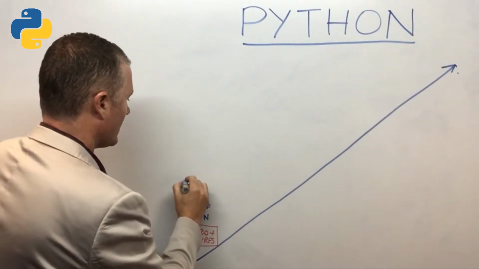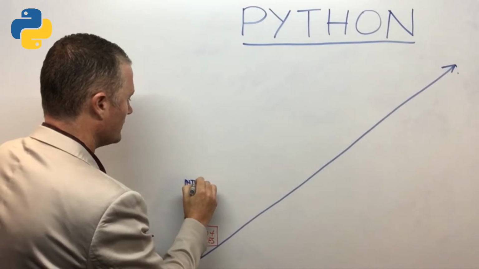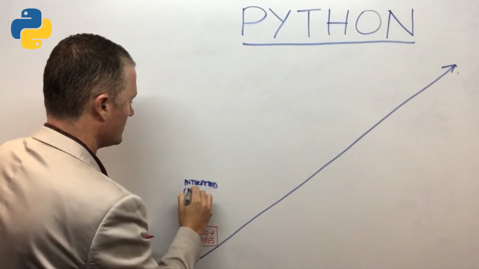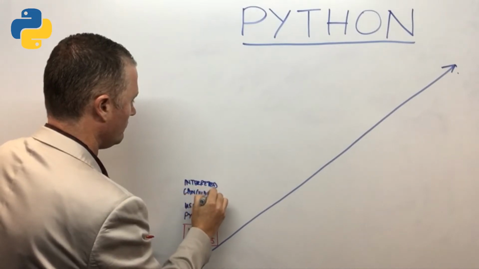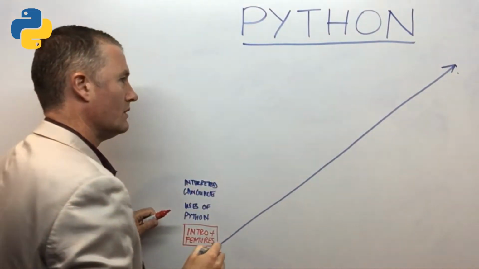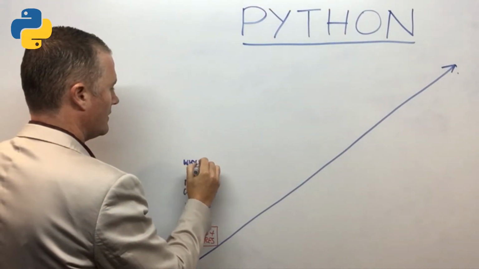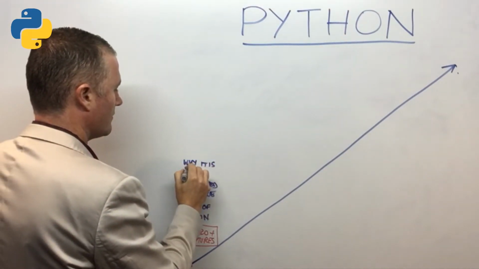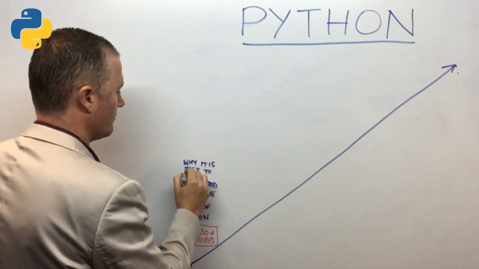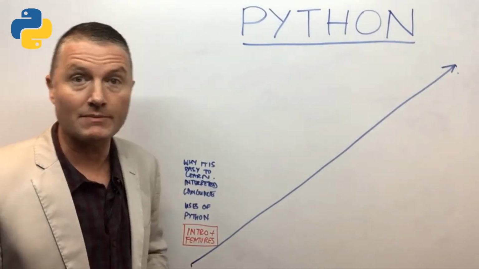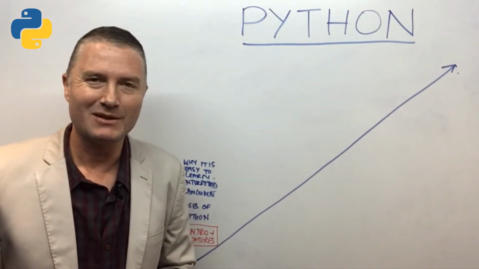We'll explain why it's known as an interpreted computer language. We'll also explain why it is easy to learn. And this is one of the attractive features of Python. And perhaps you're only getting into computer programming.